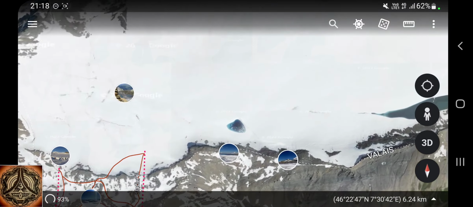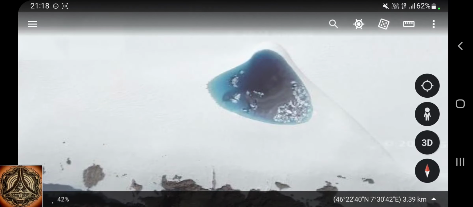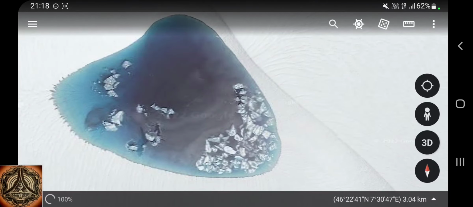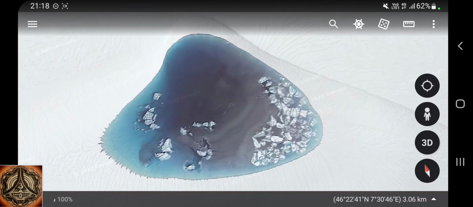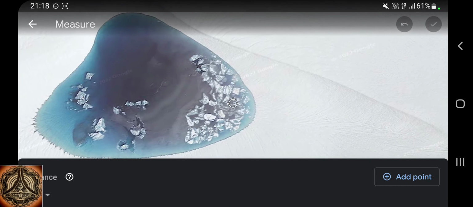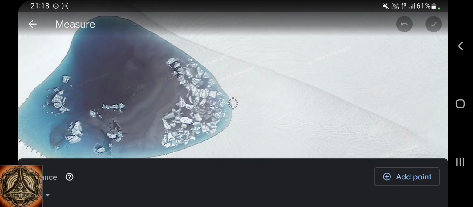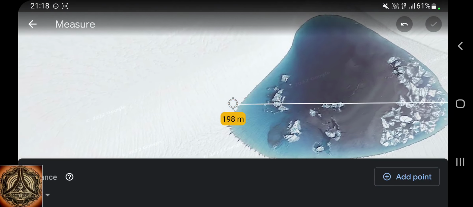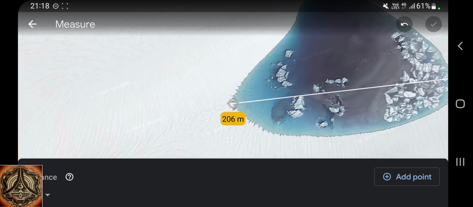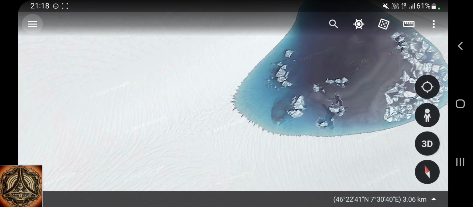So here it is. Do we get any better quality of that? But at least we can measure it. On 200 meters, rather big.